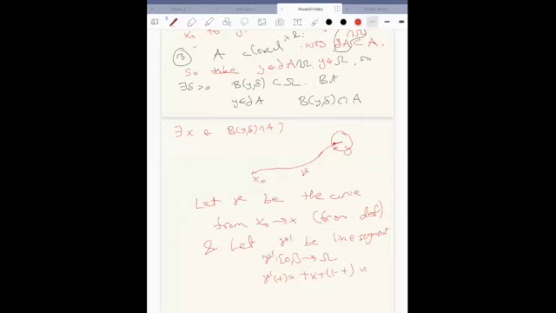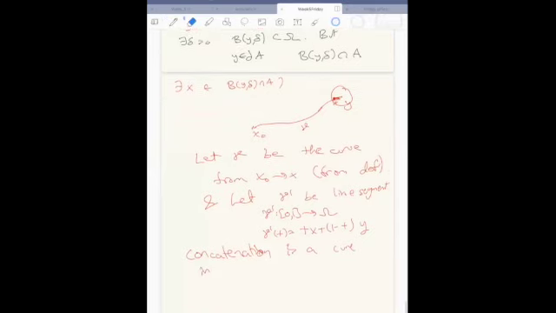So this connects x and y, and their concatenation is a curve from x naught to y, and it's continuous. So y has to actually be in A because by definition it's connected by a curve. A is all those points that are connected by a curve.